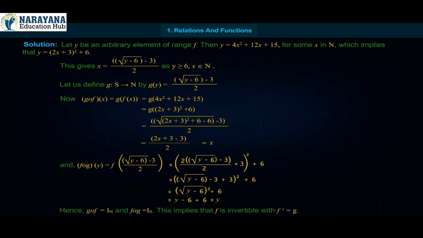Hence, g∘f = I_N and f∘g = I_S. This implies that f is invertible with f inverse equal to g.